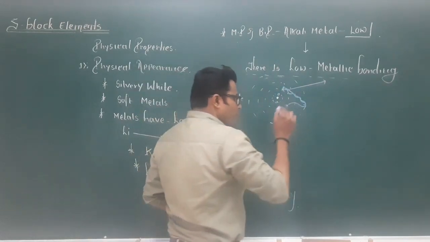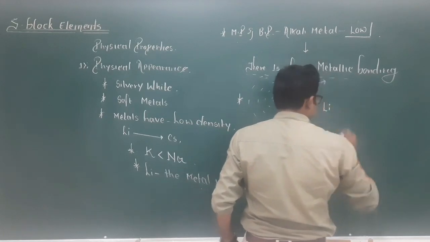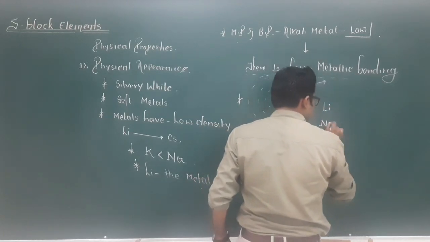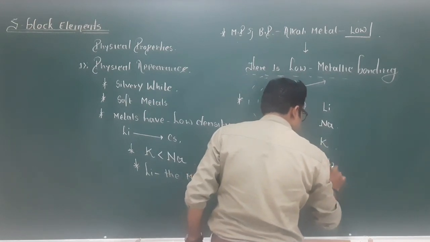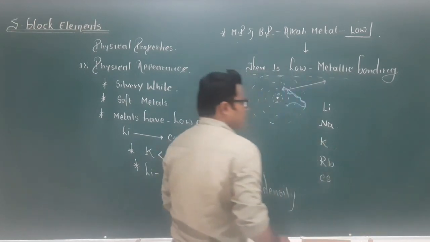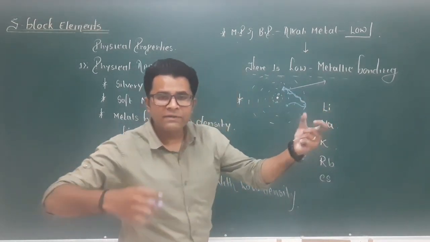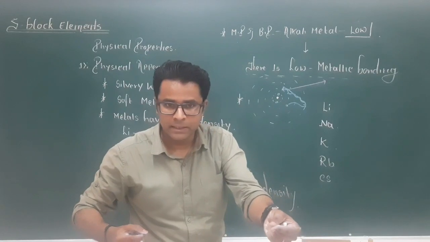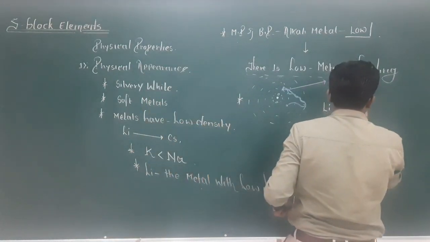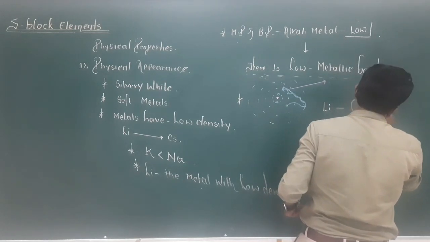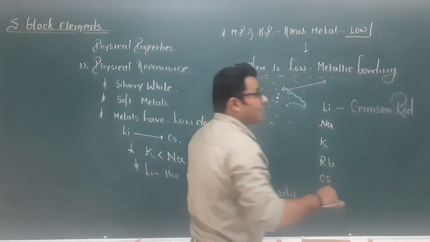For lithium, sodium, potassium, rubidium and cesium: when we put a salt of lithium in flame, the flame color changes to crimson red.